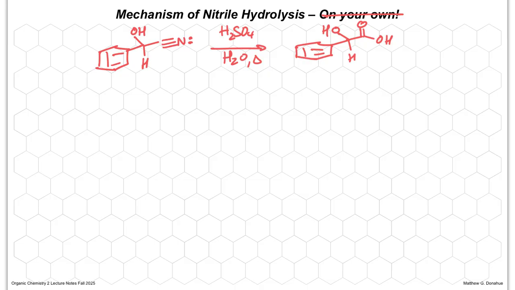One of the challenges of this mechanism, it's quite steppy in terms of these proton transfers, but what's changing? We have to get that nitrogen out of the molecule. So how do we do that? What does it leave as?